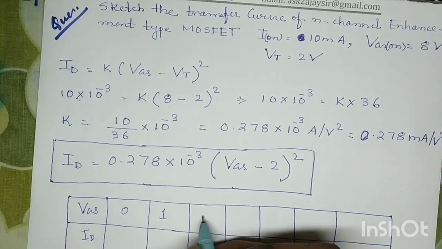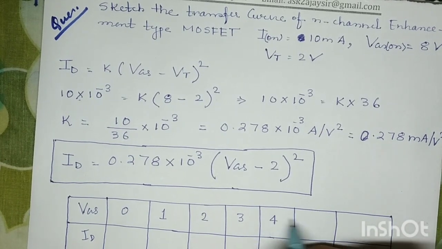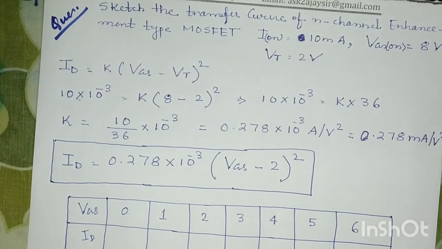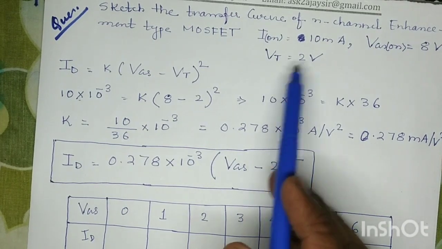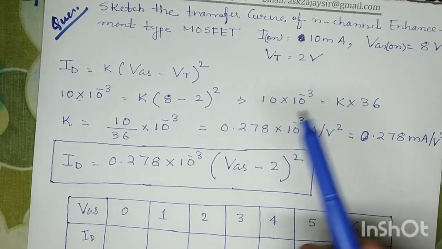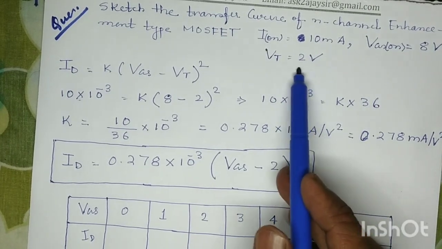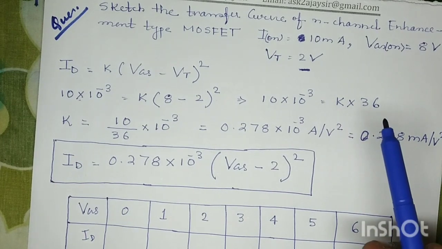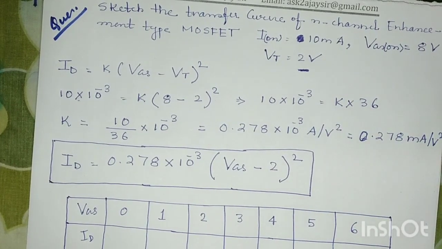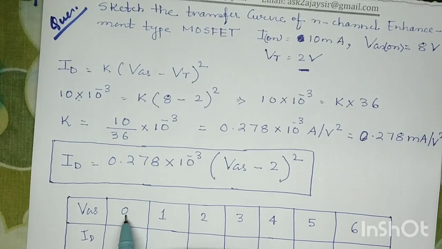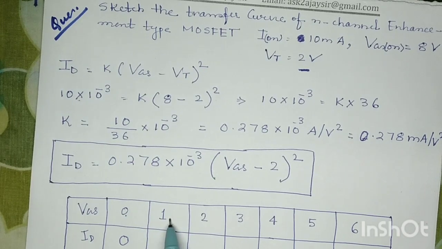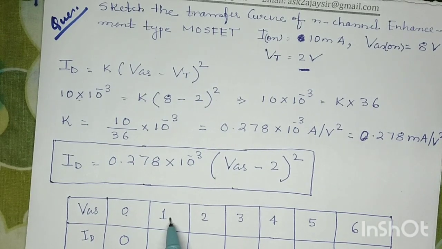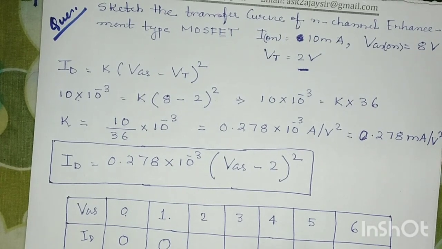Zero, 1, 2, 3, 4, 5, 6. As I have mentioned, when VGS is less than VT, in this case VT is 2, so when VGS is less than 2 volt, the current is equal to 0. So VGS equal to 0, 0 is less than 2, so the current conduction is 0. Again, when VGS equals 1, it is less than 2, so the current conduction here also is equal to 0.